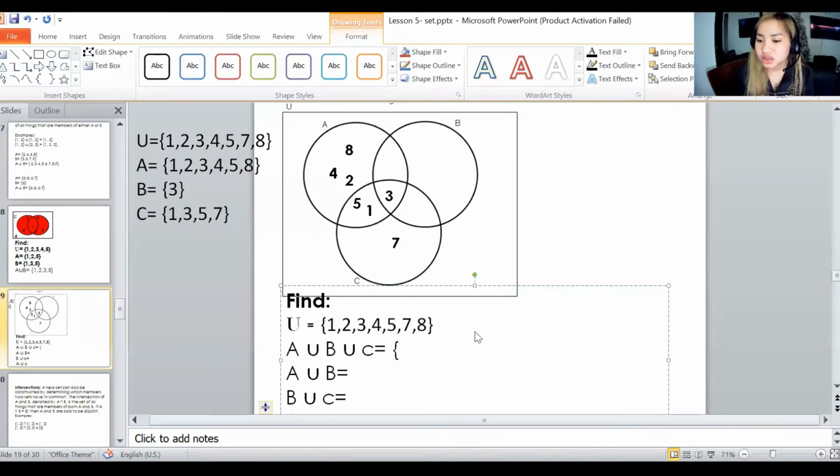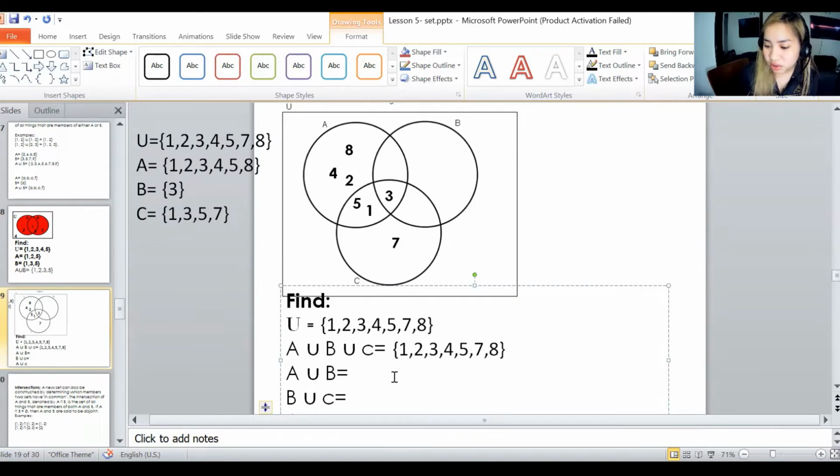Kaya ang magiging answer natin is same dun sa answer ni universal kasi wala naman pong nakalagay dito na ibang number. So, kokopyahin lang natin yung answer dun kay universal. Pinagsama lang natin lahat ng elements inside set A, set B, tsaka set C.